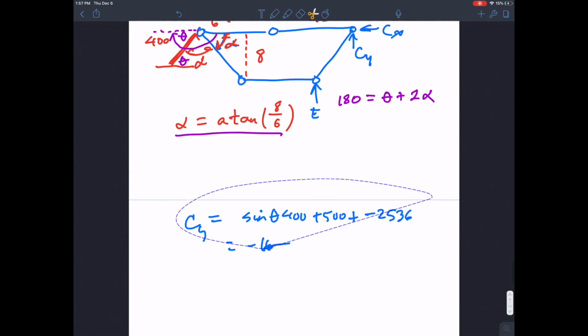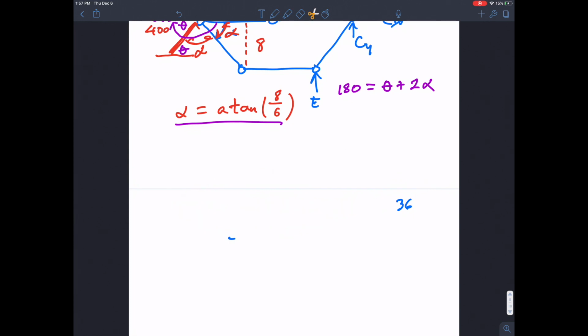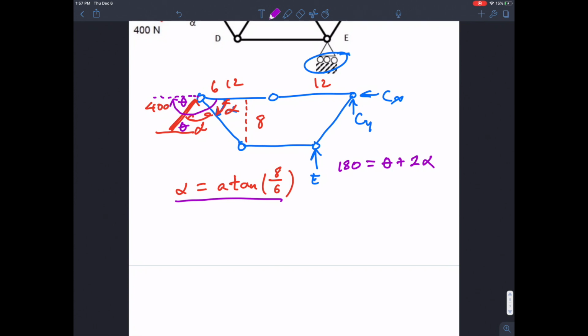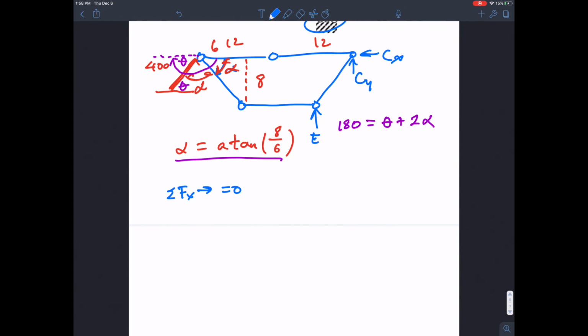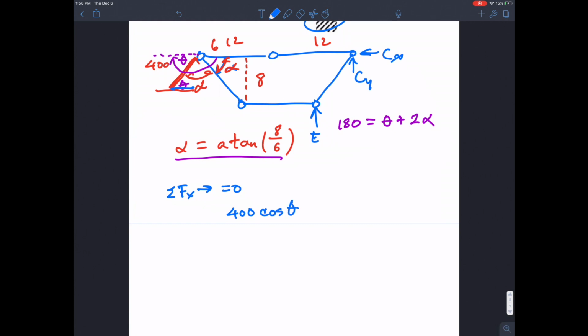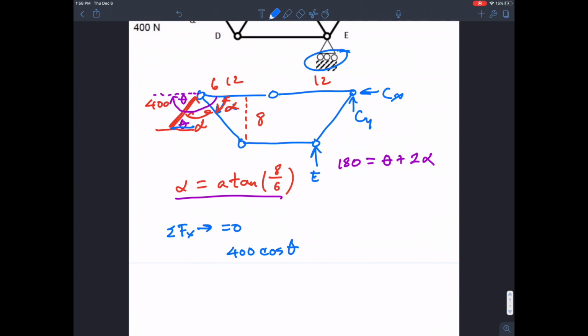Okay, so for the rest of this, let me delete these all the way. I'm going to write sum of forces in the x direction equals 0. Alright, and so I see this 400 Newton force, but what is the component that's acting in the x direction? Well, you take the cosine of theta and you find the x component of the 400 Newton force. So 400 cosine theta. Alright, that's moving up. Then I forgot to put it in the free body diagram.